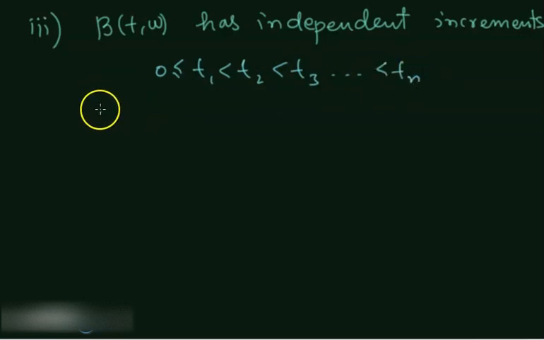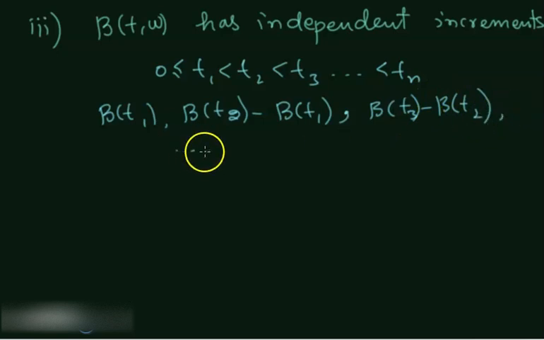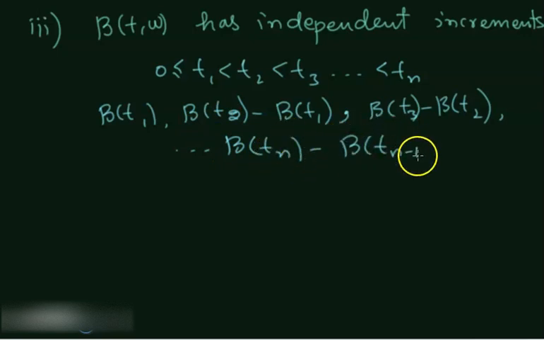then these random variables beta of t1, beta of t2 minus beta of t1, you can write beta of t1 minus beta of 0, or maybe beta of t1, and then beta of t2 minus beta of t1, beta of t3 minus beta of t2, so this sequence goes on till beta of tn minus beta of tn minus 1.